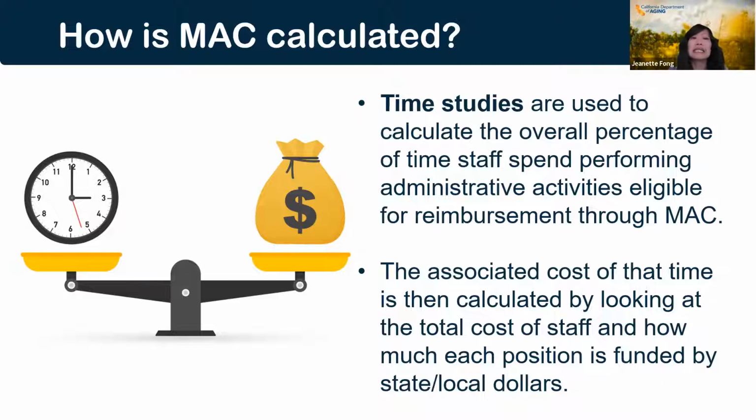Now, this is completely different from the way you would go about getting reimbursed for actual Medi-Cal services. With services, there's typically a set fee or a rate of reimbursement, right? But with administrative activities, time studies are used to calculate the percentage of time staff spend performing those administrative activities.